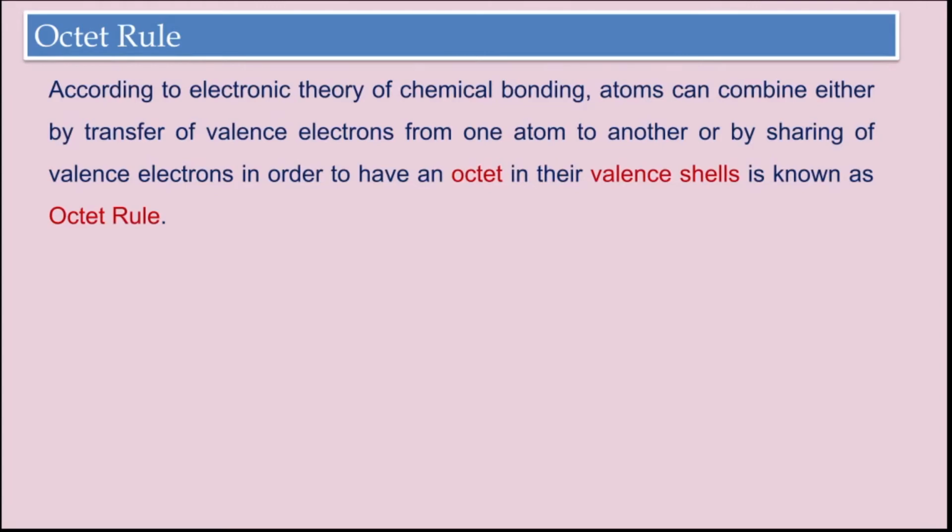This is known as octet rule. What is octet rule? Atoms can combine either by transfer or by sharing of valence electrons in order to have an octet, meaning 8 electrons, in their valence shell. Okay, this is called octet rule.